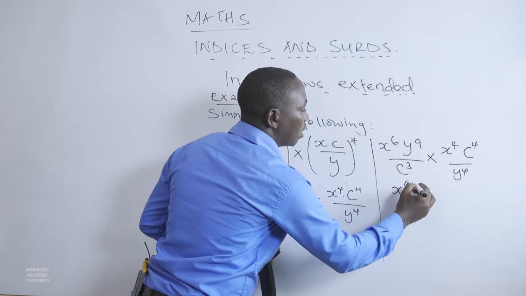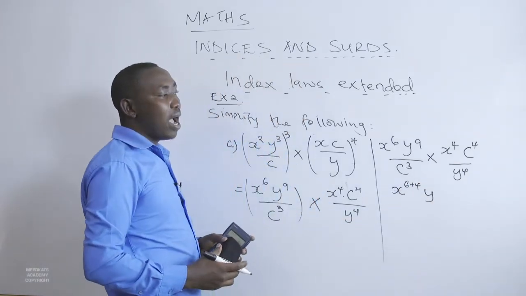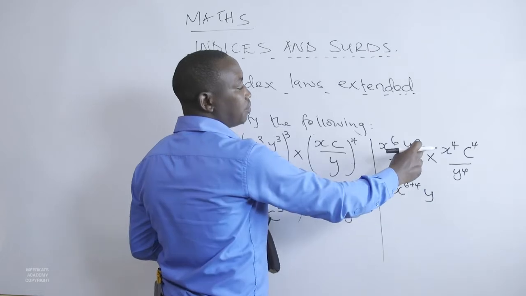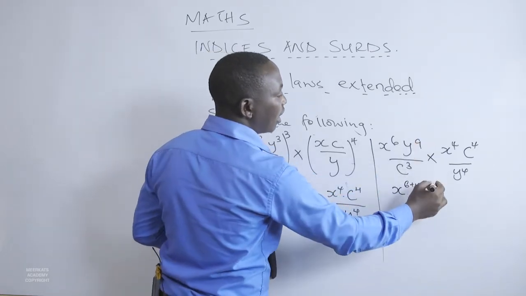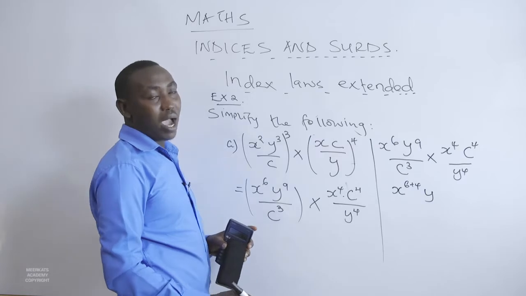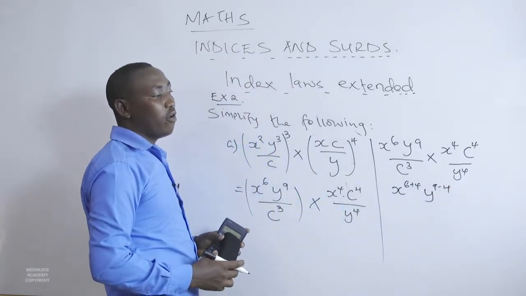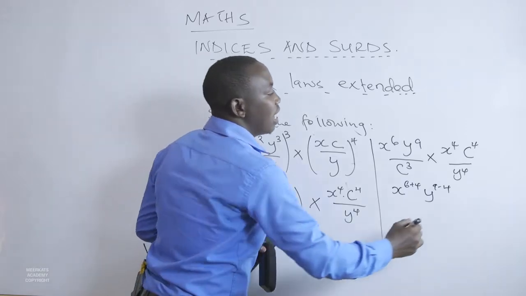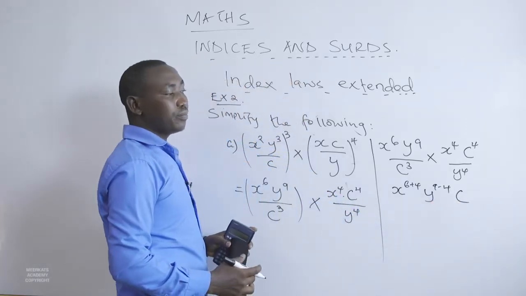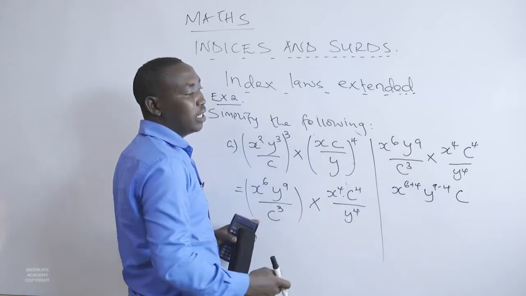So 6 plus 4. Then we have y raised to 9, but divided by y raised to 4. That means we subtract the powers. And then finally we have c, and for c we have c raised to 4 divided by c cubed.